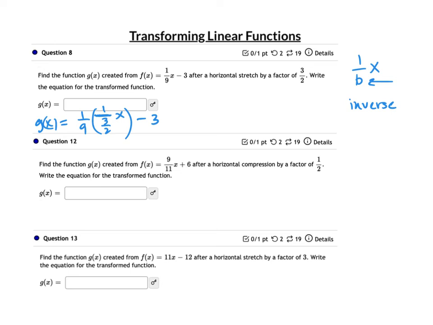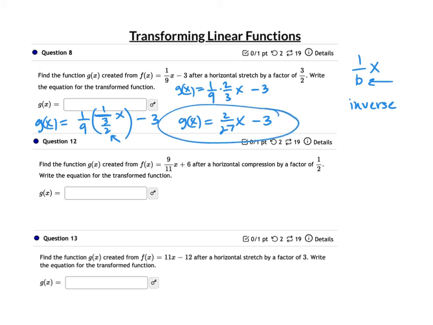Now, I'm dividing here, so I'm going to multiply by the reciprocal. So this would be g of x equals 1/9, and that becomes times 2/3 x minus 3. So my final answer would be g of x equals 2/27 x minus 3. Notice that only x changed.